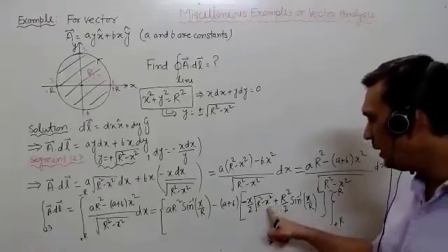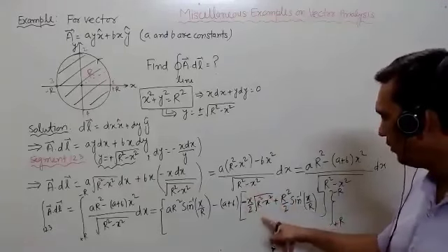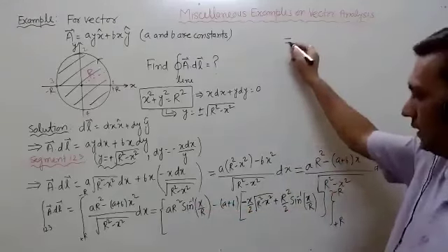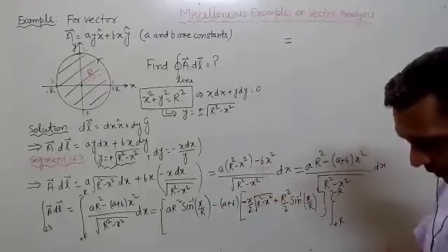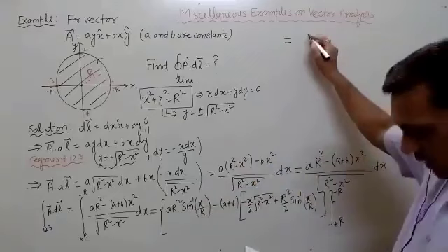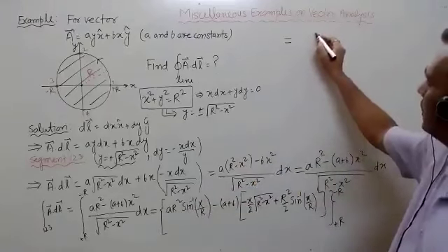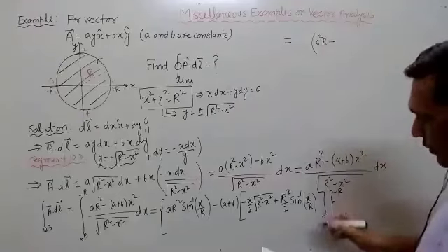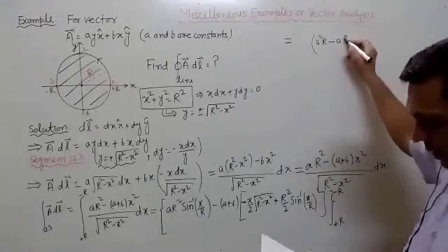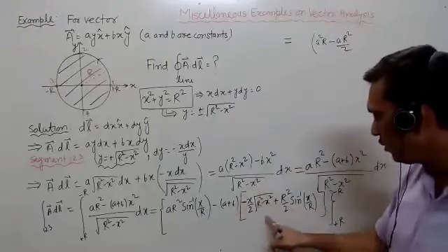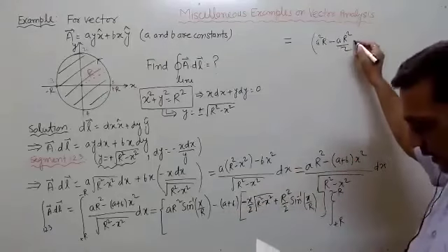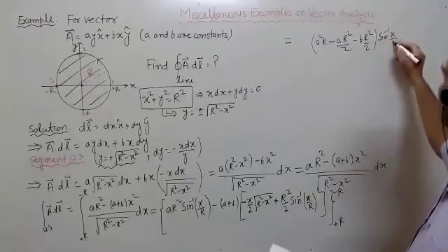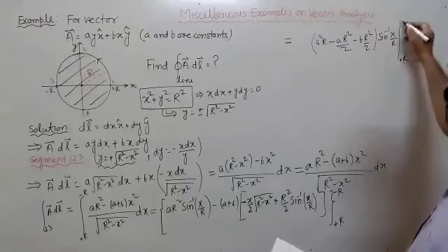So this term is 0, and this integral gives a r square by 2, and then minus b r square by 2 sine inverse x by r, with limit from minus r to plus r. Finally, you will get this result.